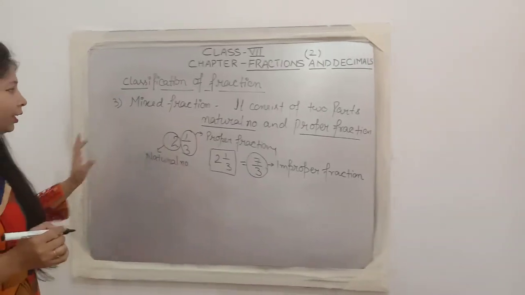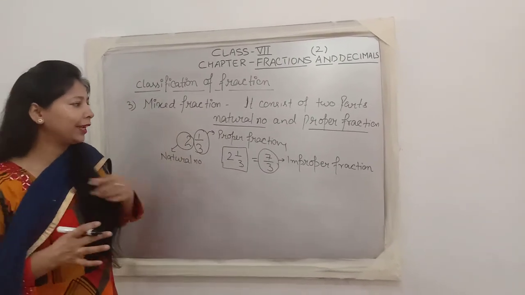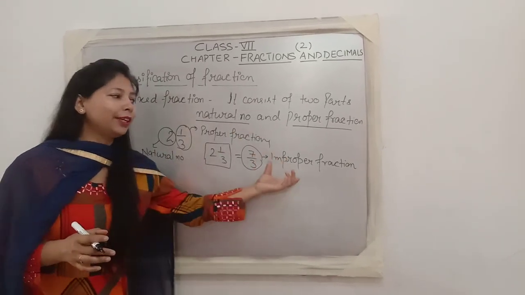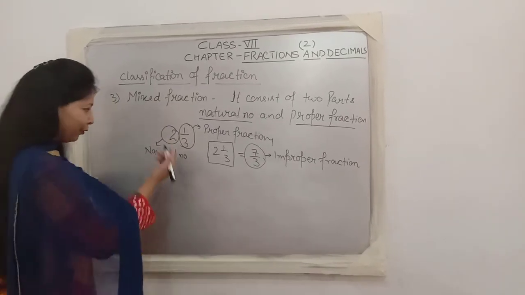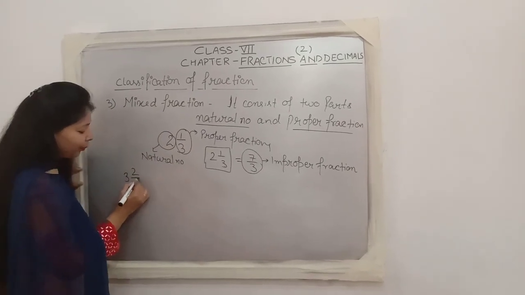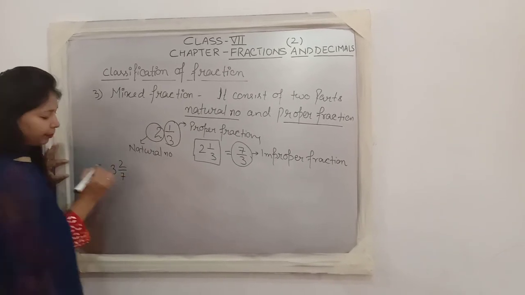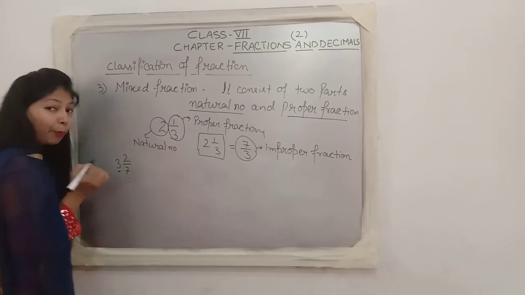So students, from this definition the conclusion is that every mixed fraction can be written as an improper fraction. Let us check one more example. For example, 3 2 by 7. This is the natural part and this is your proper fraction.